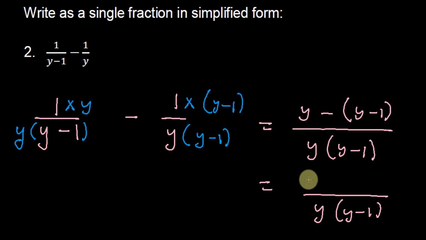So we have y. Now there's a 1 here that we don't write. So this is actually negative 1 in front of the set of brackets. So we can multiply out the brackets. Negative 1 times y is negative y, and negative 1 times negative 1 is positive 1.